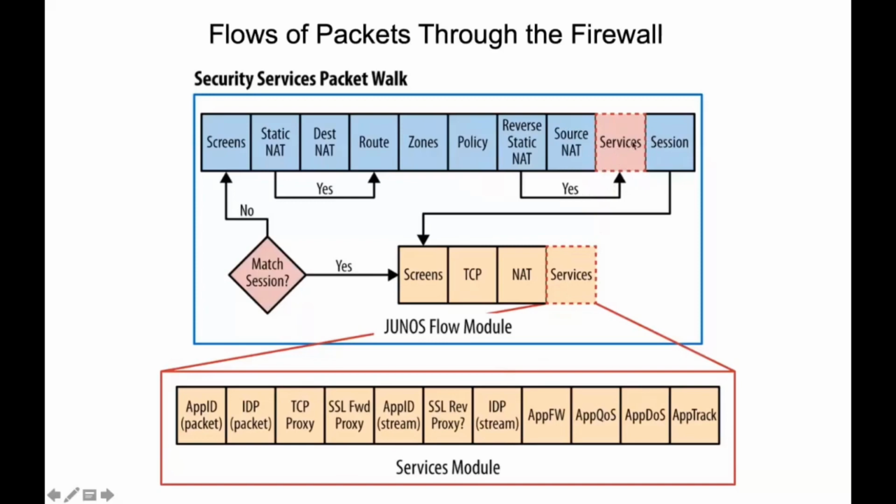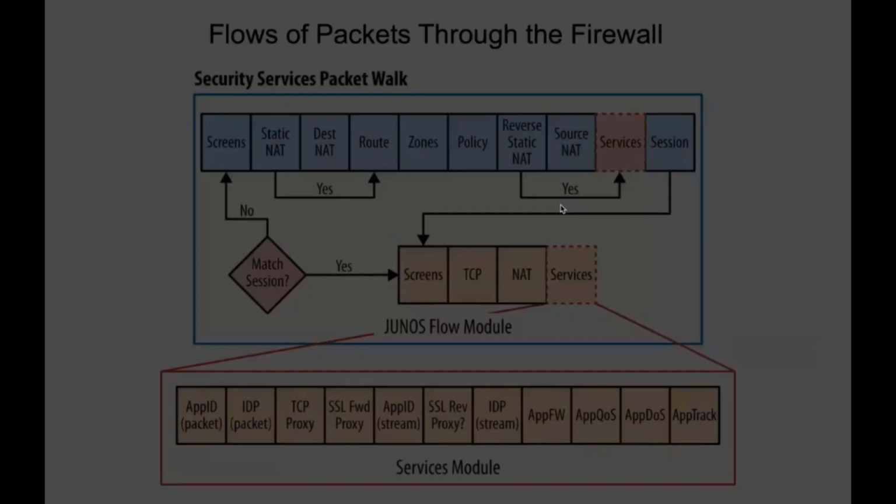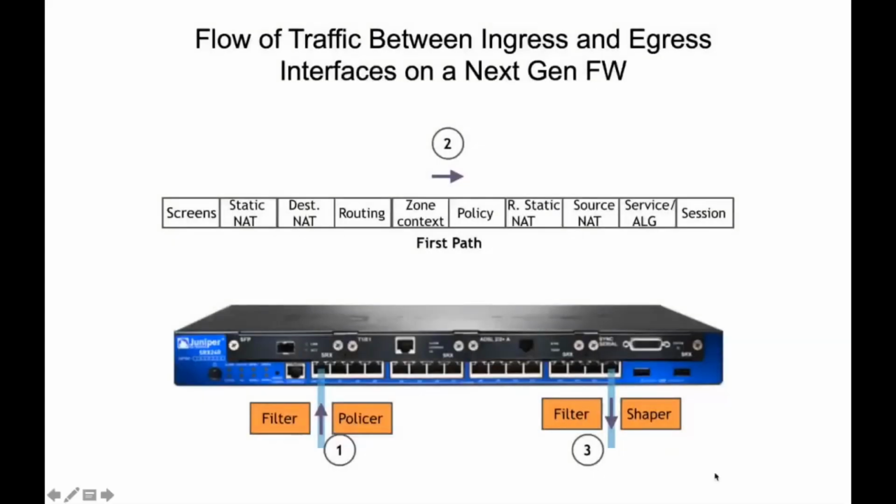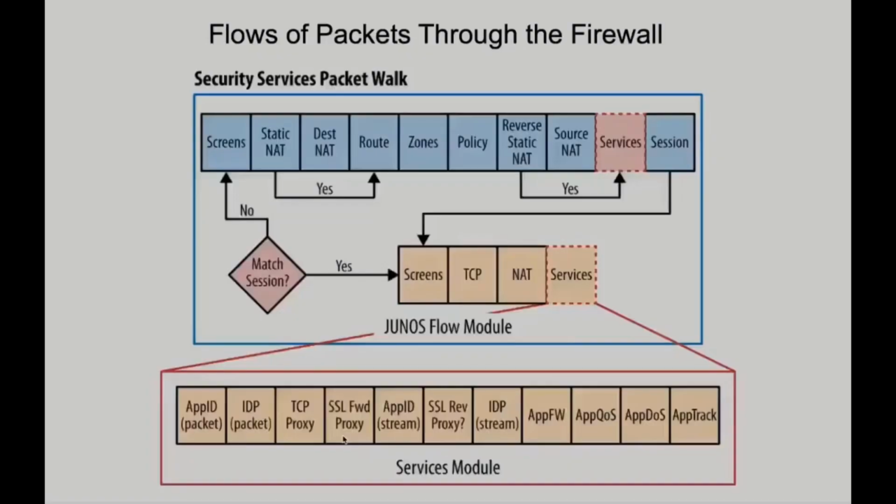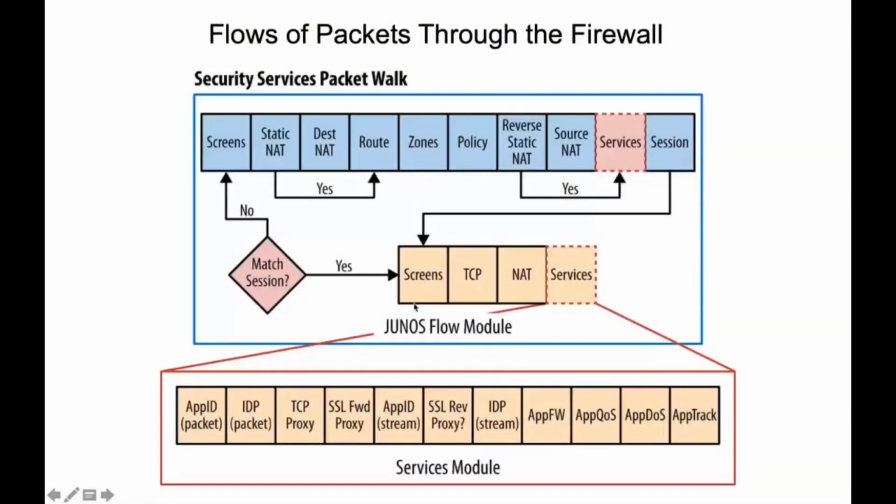Once everything is ready and the packet is set to be sent, then we're going to create a session, and we're going to write our session on a session table. When the returning traffic, the response from the server to my PC, is coming from interface 3 as my ingress interface and 1 as my egress interface, the next generation firewall will be able to understand that this is part of an existing session.